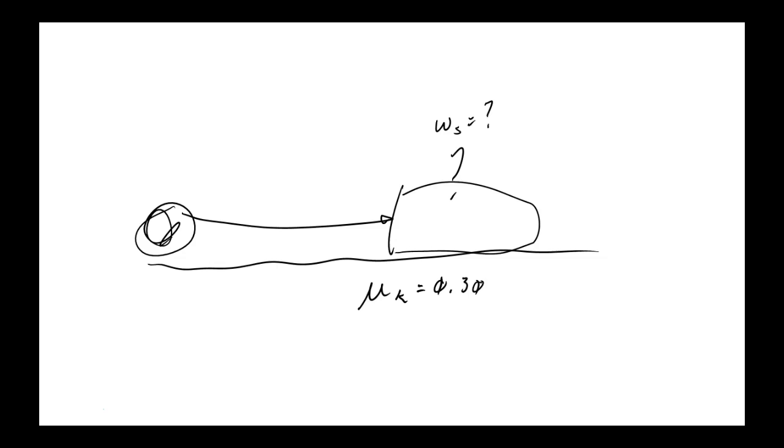Now, this has a pulling capacity of 450 pounds. So we want to know what is the weight of steel that you can pull with that winch.